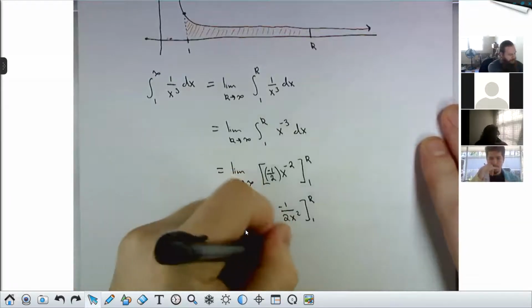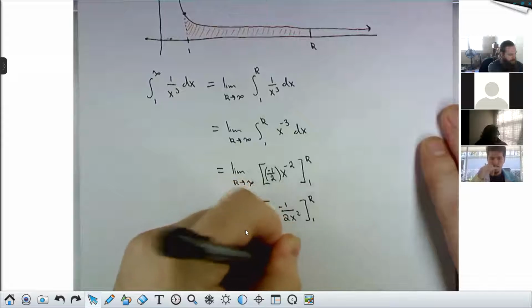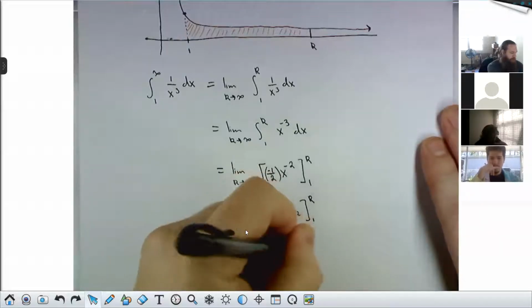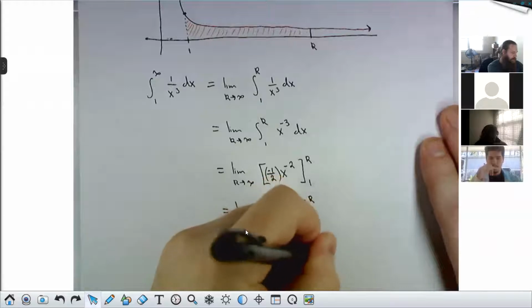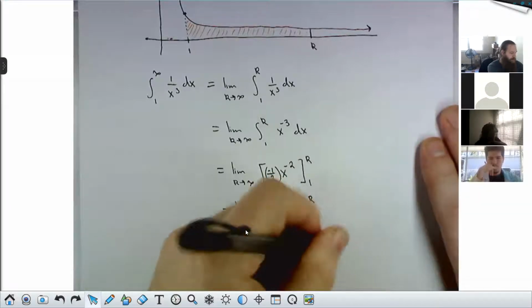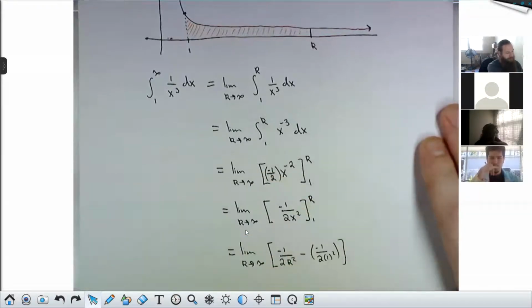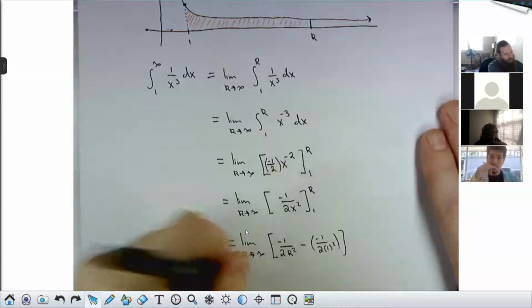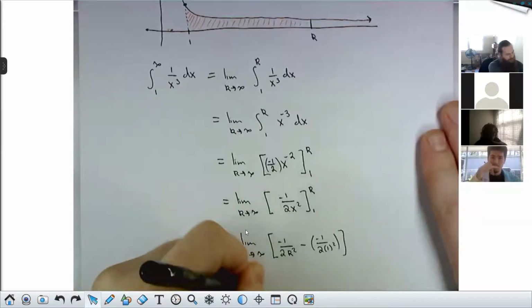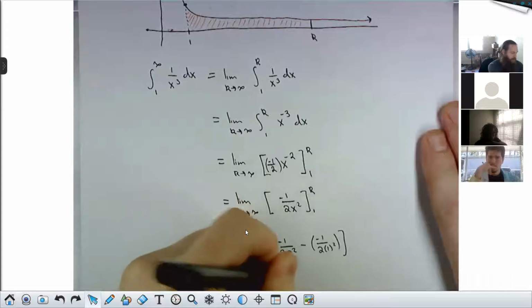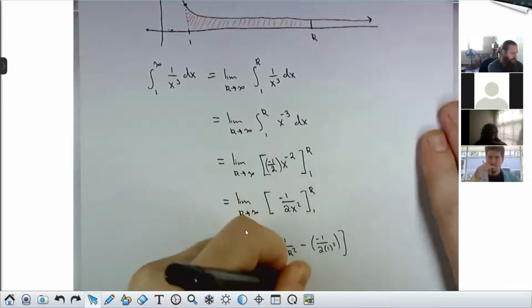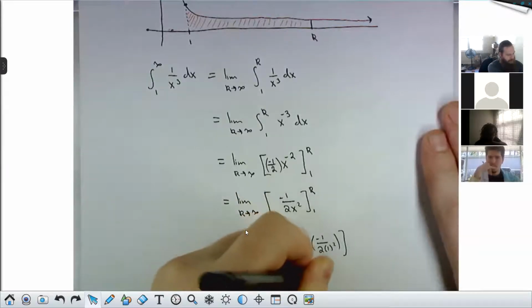So when you plug in R, you'll get negative 1 over 2R squared, minus when you plug in 1, you'll get negative 1 over 2 times 1 squared, which is the limit as R goes to infinity of negative 1 over 2R squared plus 1/2.